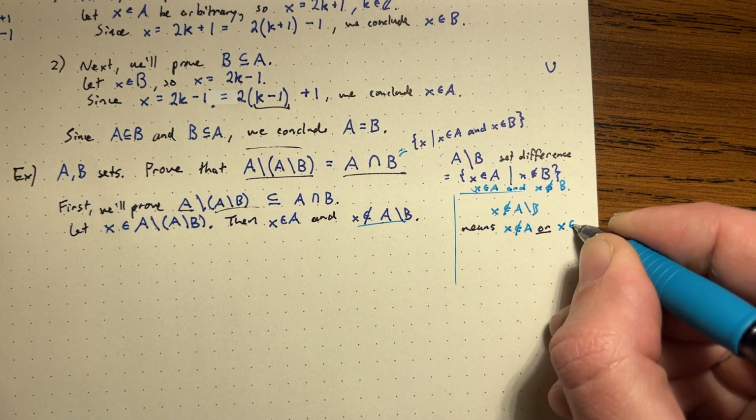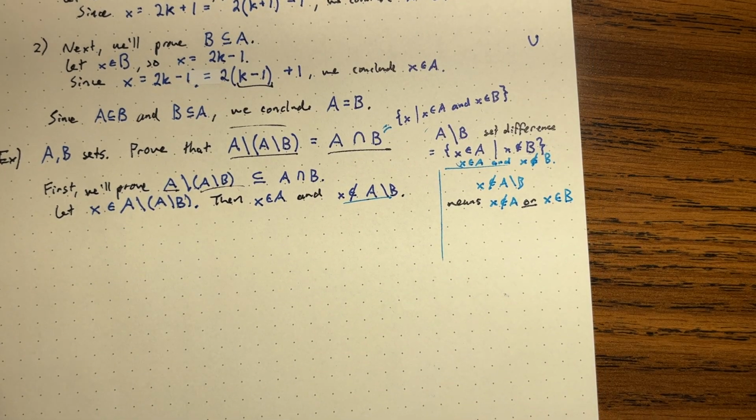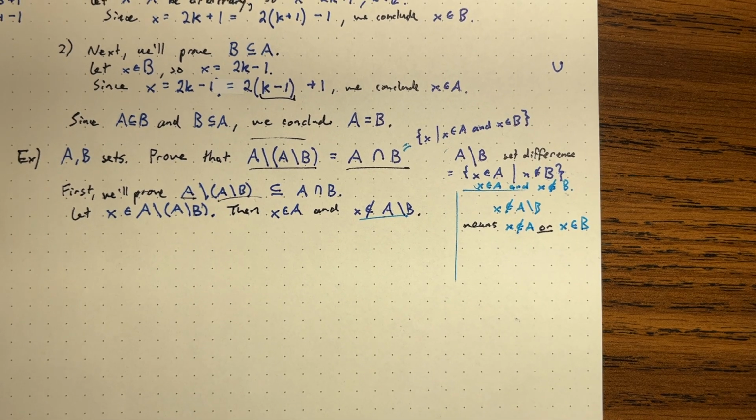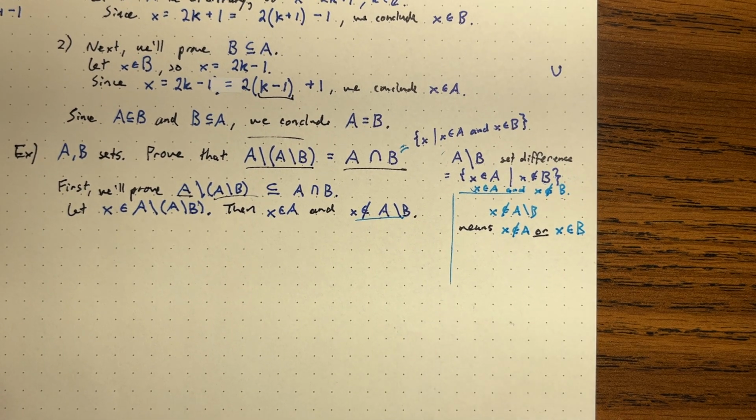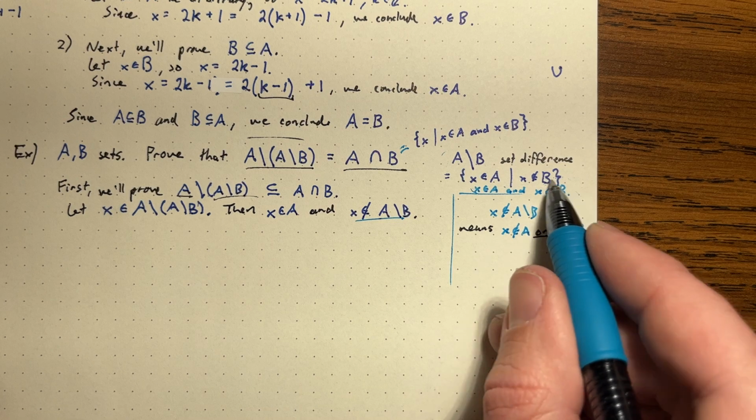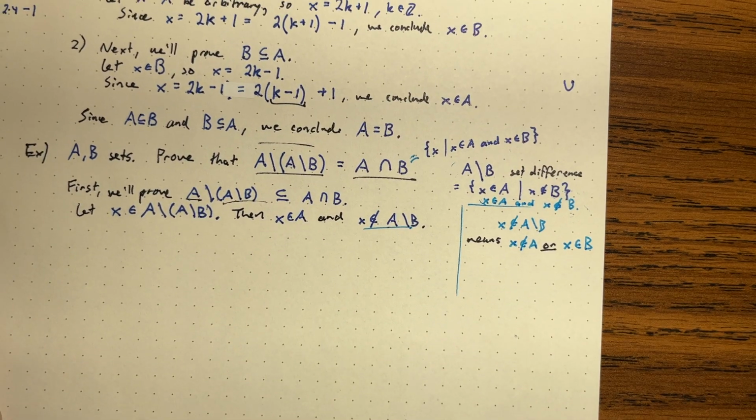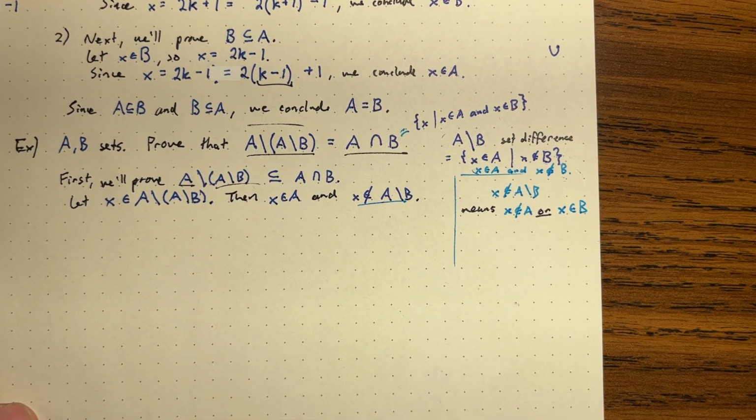So either x is not in A or x is in B. Okay. So I'm essentially taking the negation of this. So that's the negation of this.